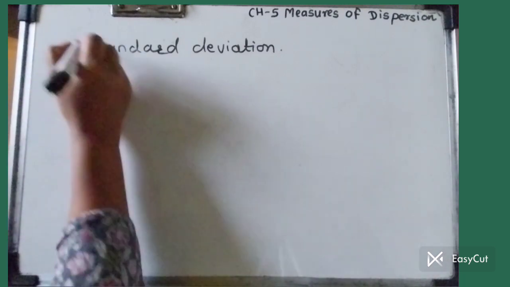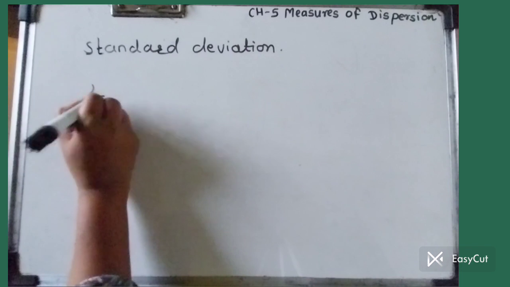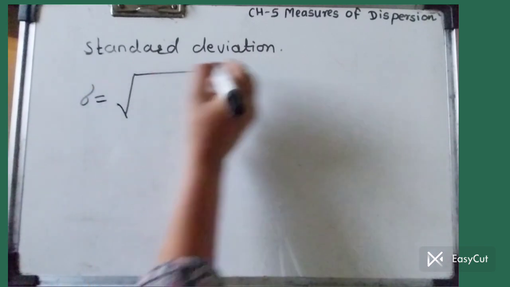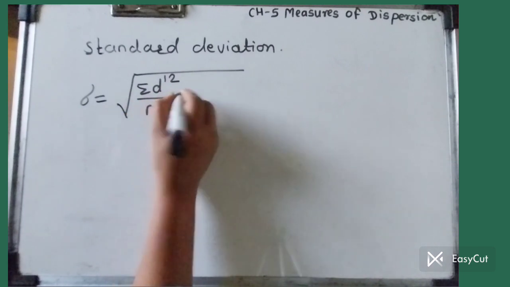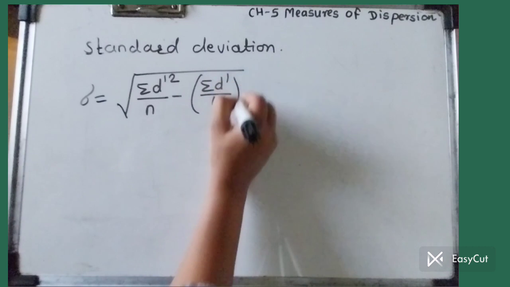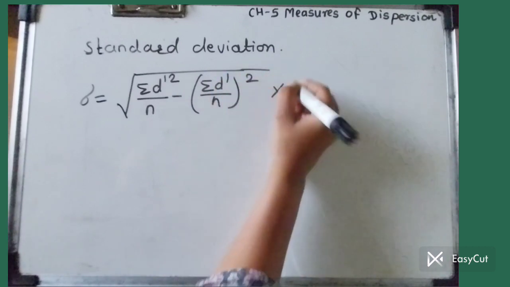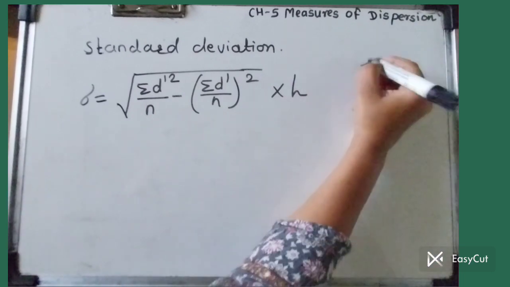Now the next is the step deviation method. Sigma equals summation d dash square upon n minus summation d dash upon n bracket square, into h. H is outside the square root. It is for only observation.